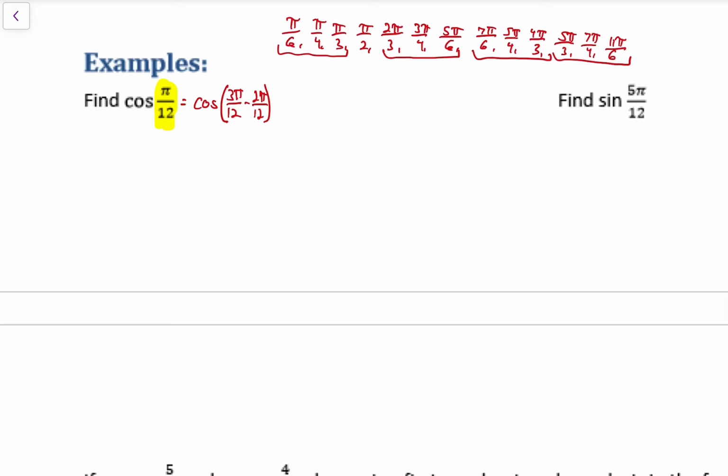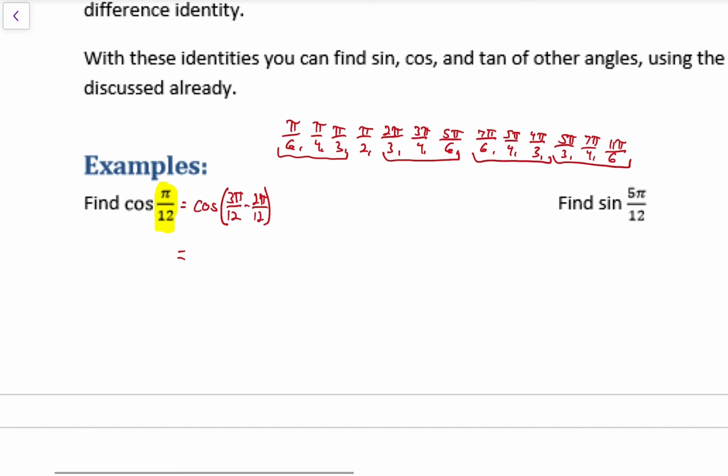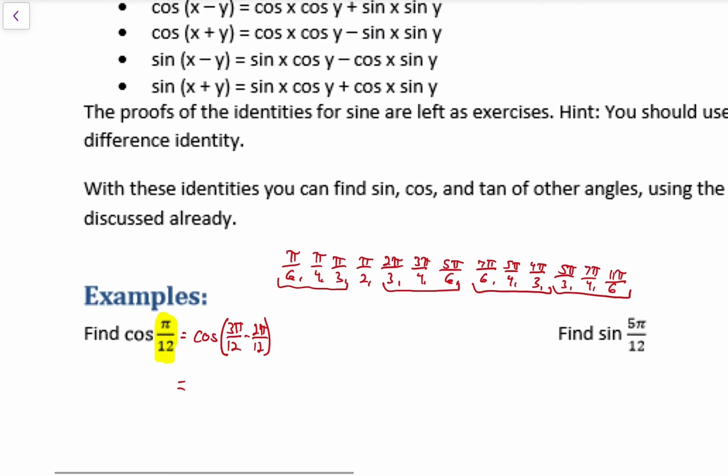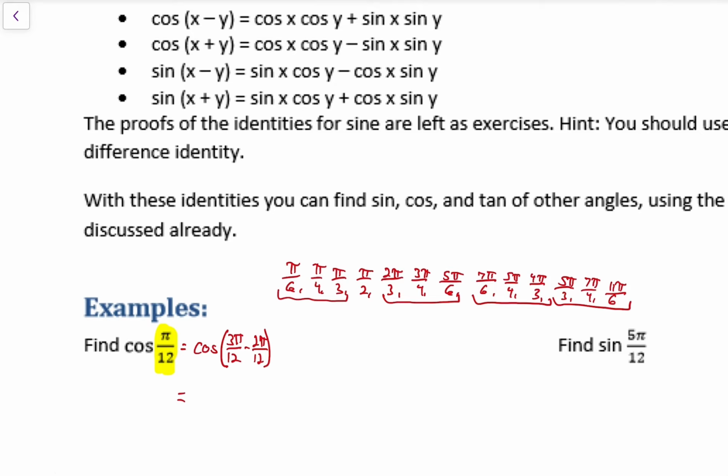And now what we do is we simply realize, hey, this is a difference. We're subtracting. And so we come up and we look at our difference identity. And as you get better and better at this, hopefully you'll start remembering these, but we're going to use this identity right here.